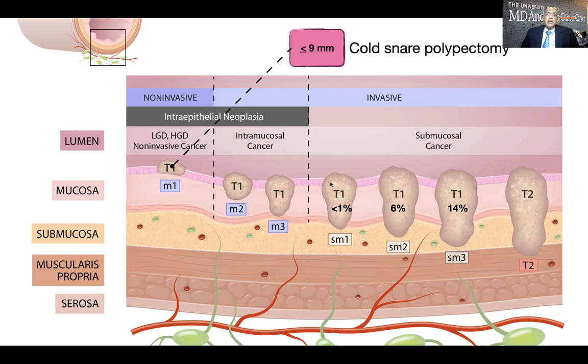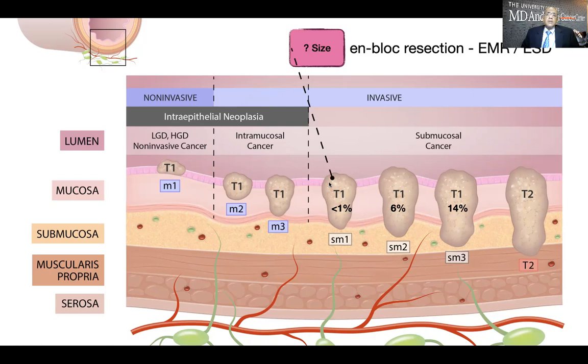You should not be using a cold biopsy polypectomy for lesions larger than 3 millimeters because of the risk of incomplete resection. When it goes to 10 millimeters or more, then as long as you're able to resect it completely, you could get away with endoscopic mucosal resection.